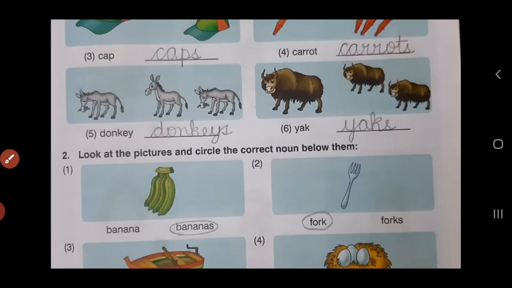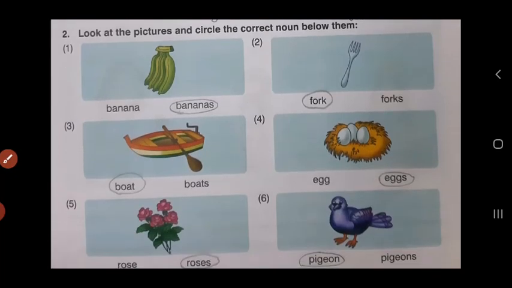Now let's see the next question. In this question, you have to look at the pictures and circle the correct noun below them. So you have to look at the pictures and decide whether it's singular or plural and circle the correct naming word. Let's do the first picture. Look over here, children.